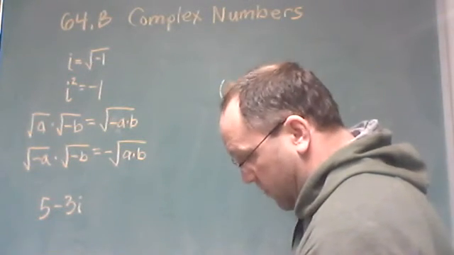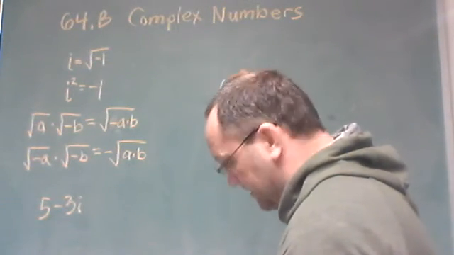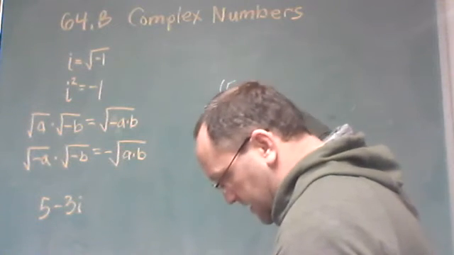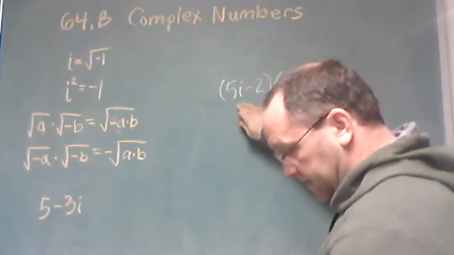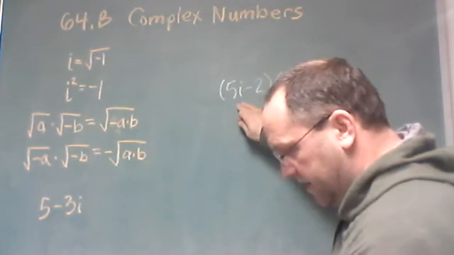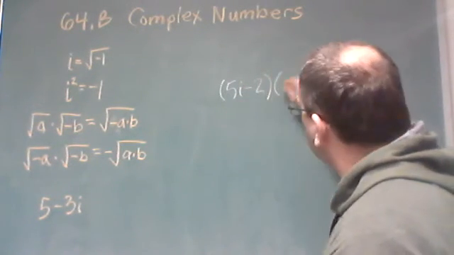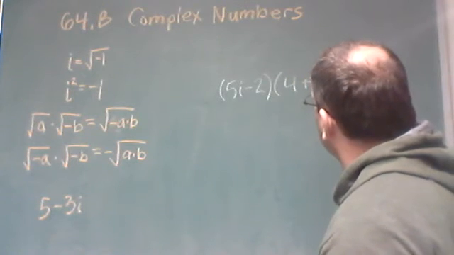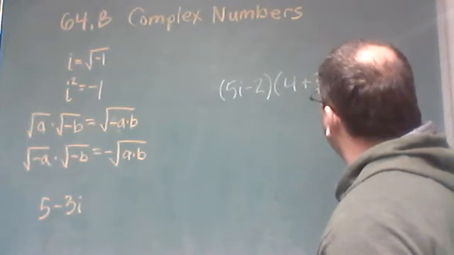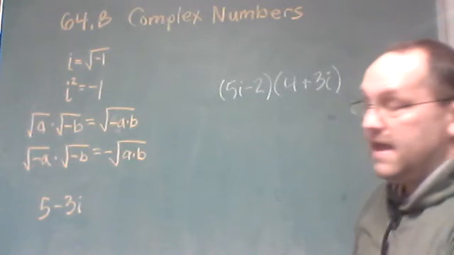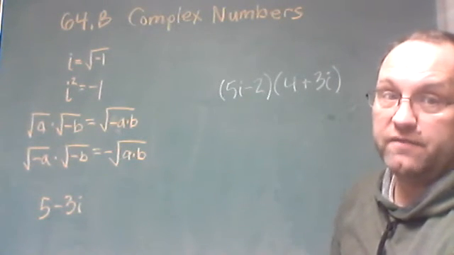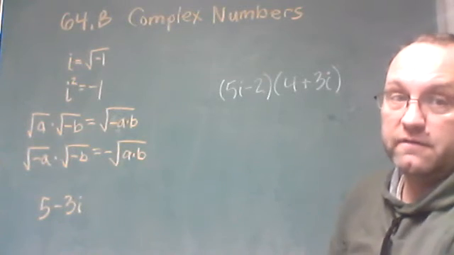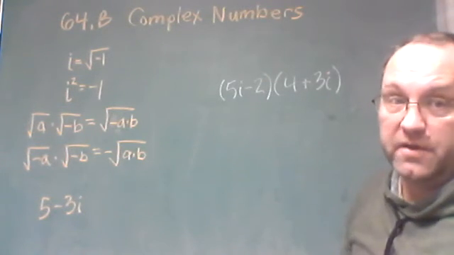On 64.6, they're having us multiply 2 complex numbers. There's our first complex number, a combination of real and imaginary numbers. And here's our second complex number. Because they're both in Euler notation, like I said, we can perform the regular mathematical functions on that, like the distributive property.